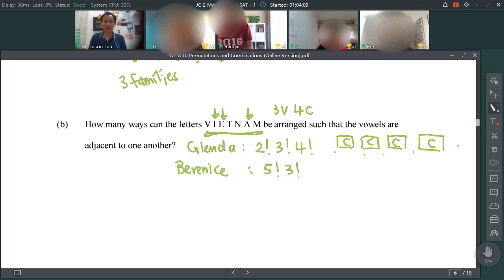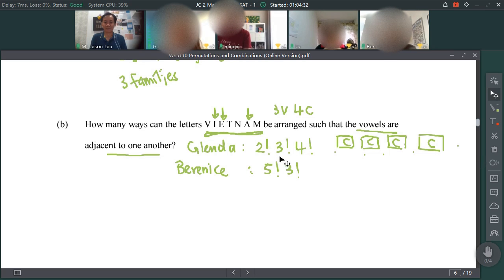You want to separate the vowels or what? No, they're next to each other. They're like neighbors. But you treat the vowels as one group, right? Oh, okay, they're together, like friends.